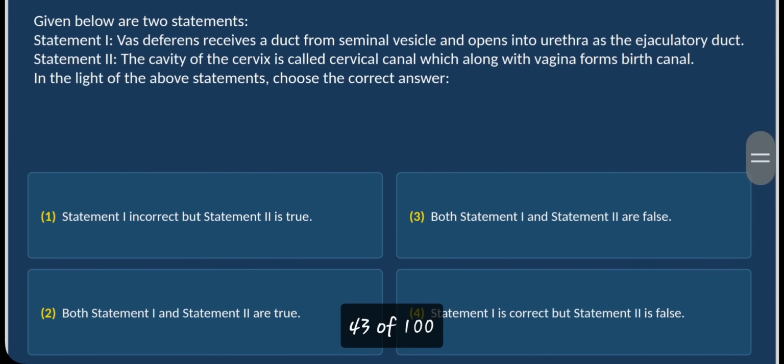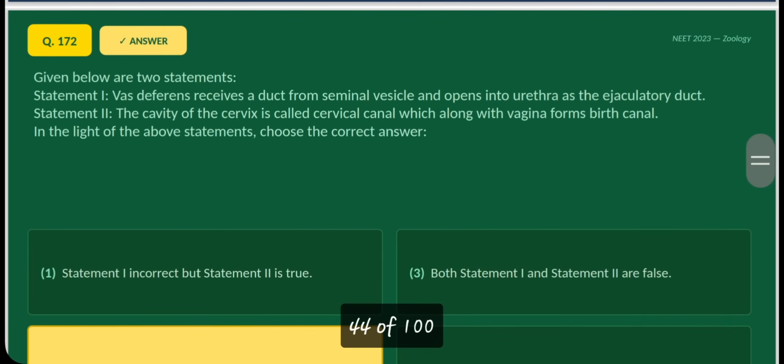Given below are two statements. Statement 1, vas deferens receives a duct from seminal vesicle and opens into urethra as the ejaculatory duct. Statement 2, the cavity of the cervix is called cervical canal, which along with vagina forms birth canal. In the light of the above statements, choose the correct option.